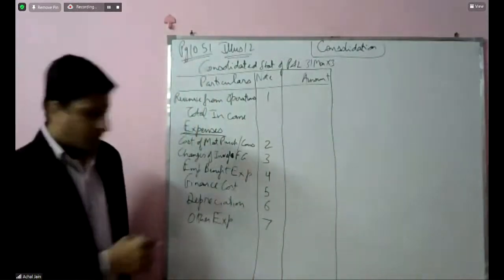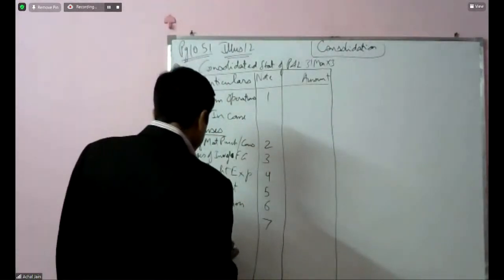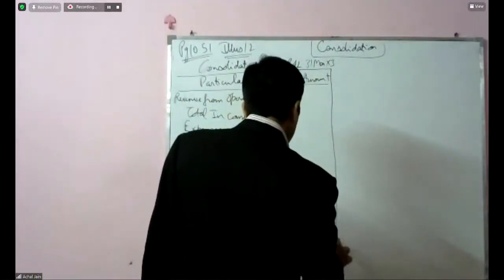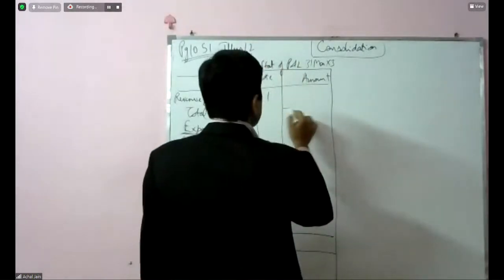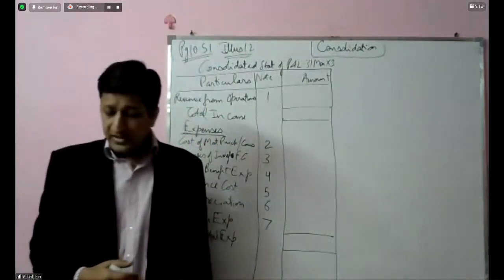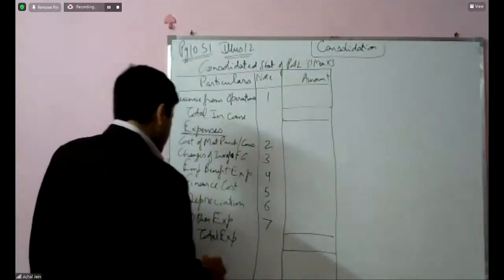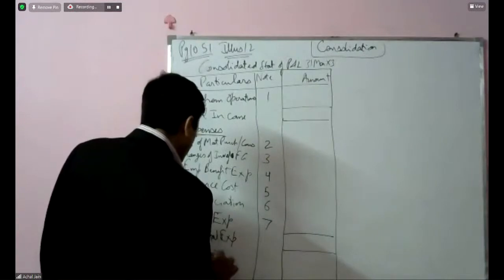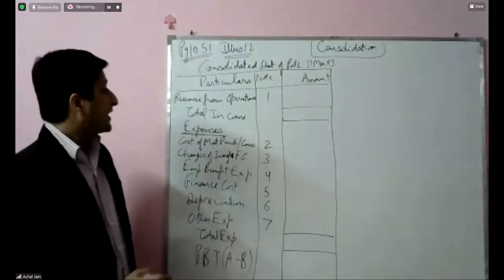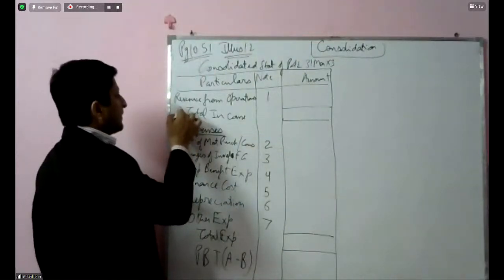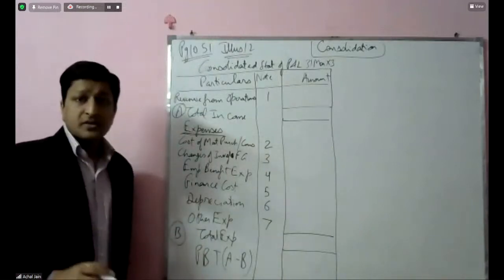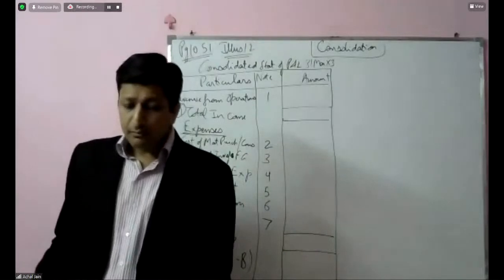And then we have total expenses. This will be the total expense. And we can give this some reference so that we get the profit before tax, A minus B. So we can say this is A and this is B. Okay, so this becomes A minus B.